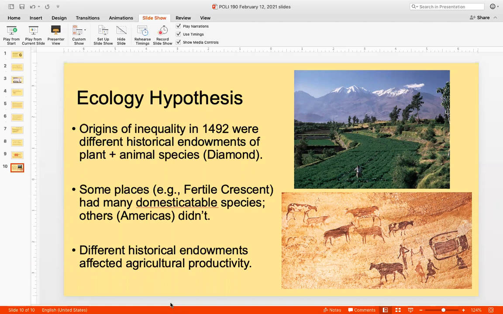And where we have access to more plants and more animals and more species, we'll domesticate them, and we'll do that in the process of feeding ourselves. And in the process, we'll also develop commercial and more productive agriculture. I think that's what he means when he refers to that.